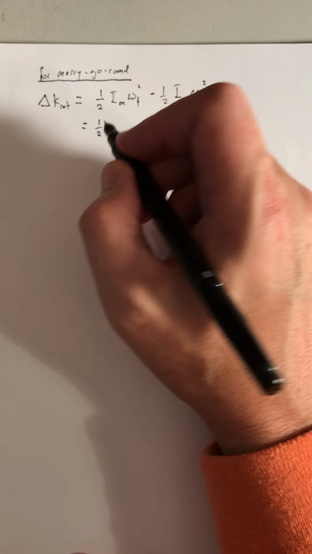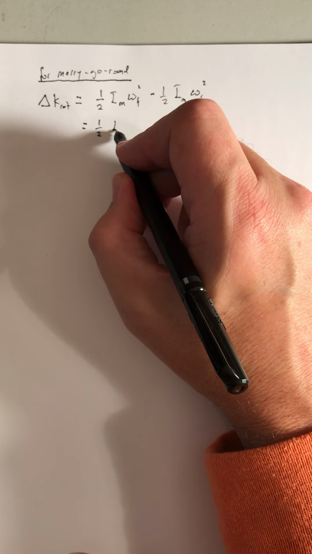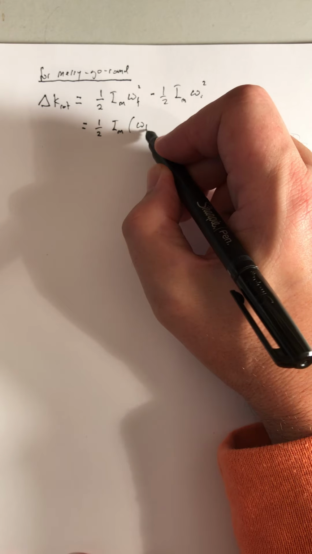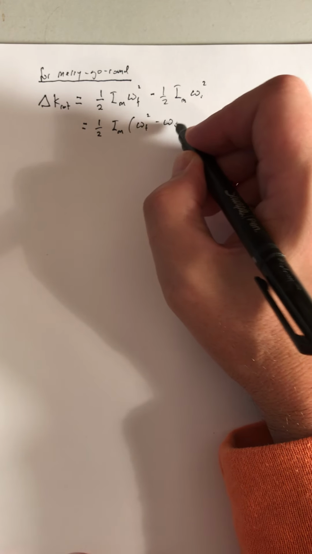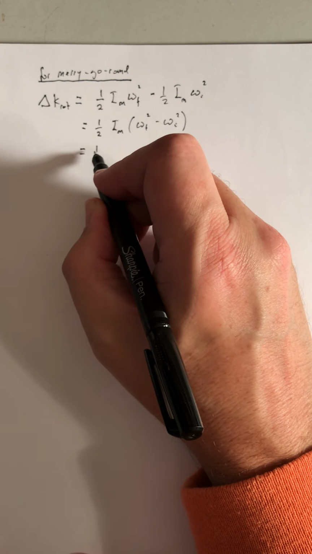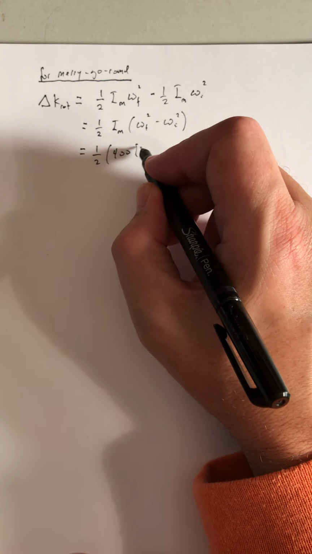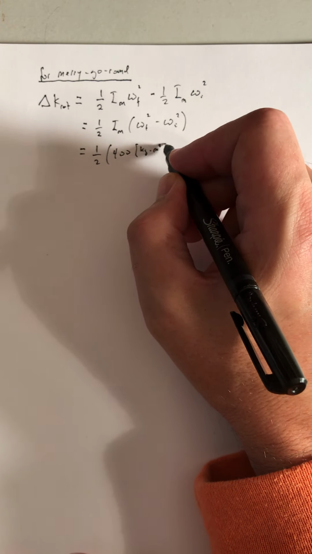So that's going to equal a half. It's the same rotational inertia for the merry-go-round. Omega final squared minus omega initial squared. If we put in our values, a half at 400 kilogram meters squared.